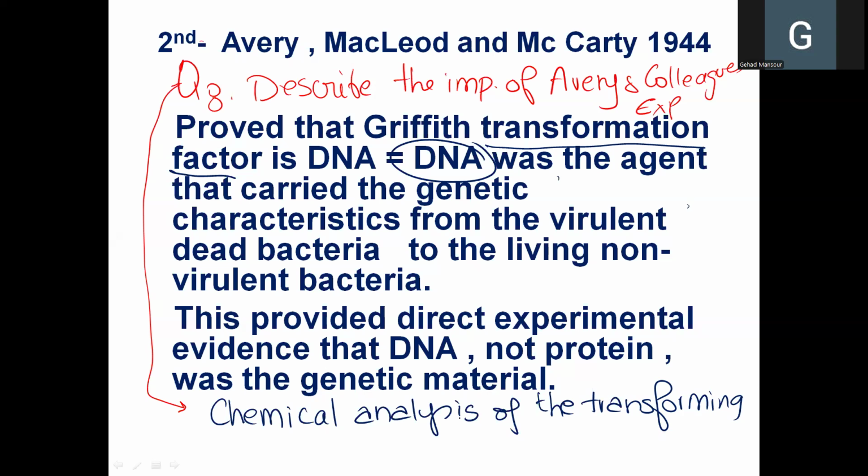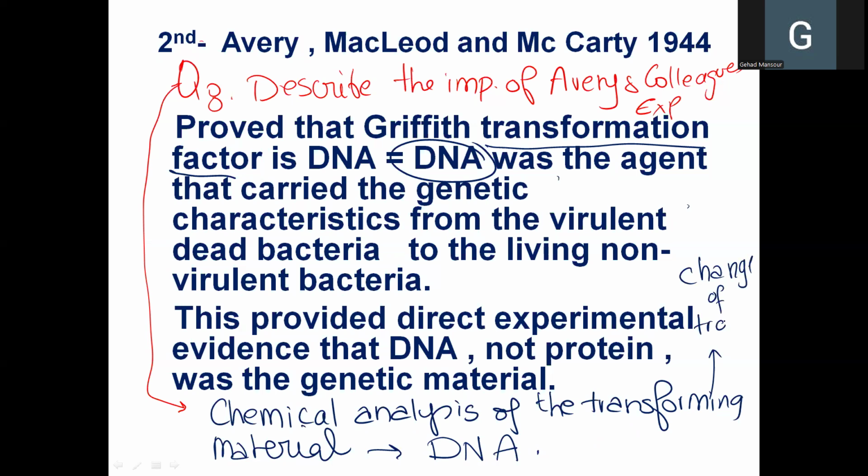So chemical analysis of the transforming material: they knew very little about the chemistry of DNA at the time, and they did this chemical analysis and proved that the transforming material was DNA, and therefore, since the transforming material was responsible for changing the characteristics of the recipient cell, then DNA must be the genetic material.